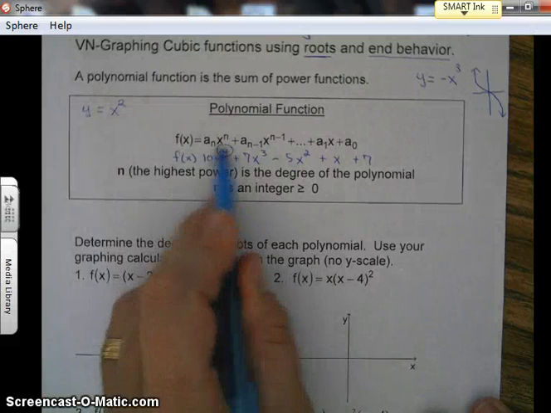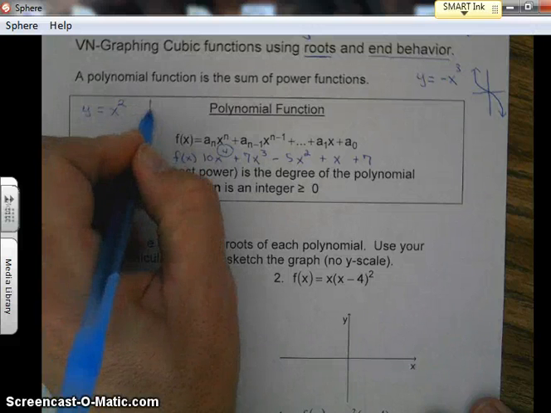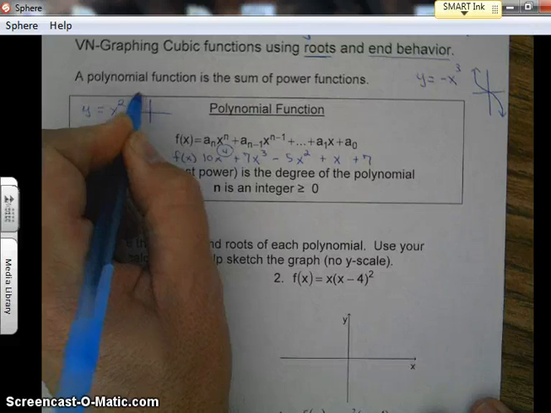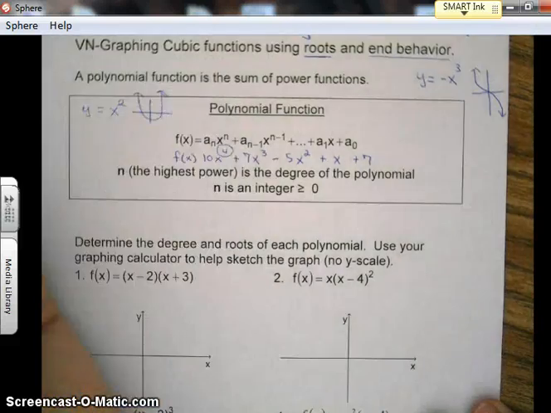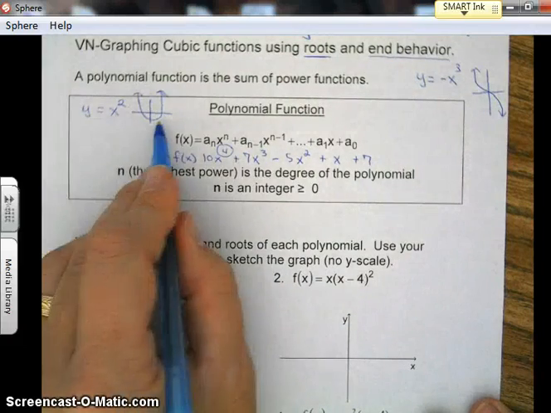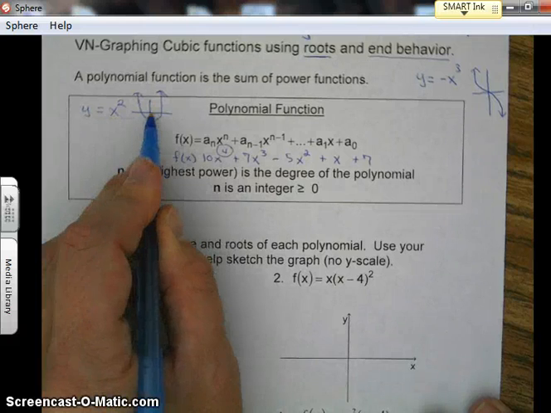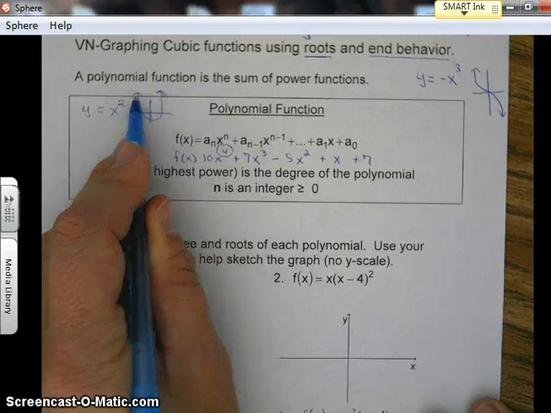And because this is a positive coefficient, the end behavior is going to be up on the left, and it's going to be up on the right. Now that's not the right graph for that parent function. It would have gone through 0, 0. But the point is it's going up on the left, up on the right.